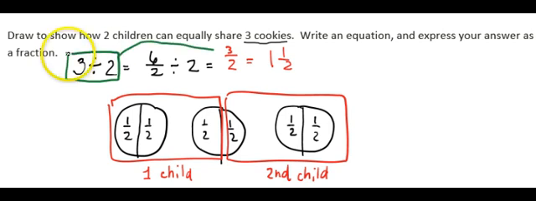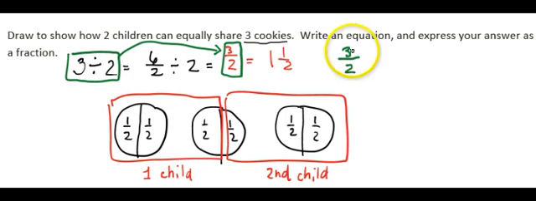We got an answer of 3 halves, which I can also read as 3 divided by 2. So you can see the connection between division and a fraction, and you can also see that we can read a fraction as a division problem.